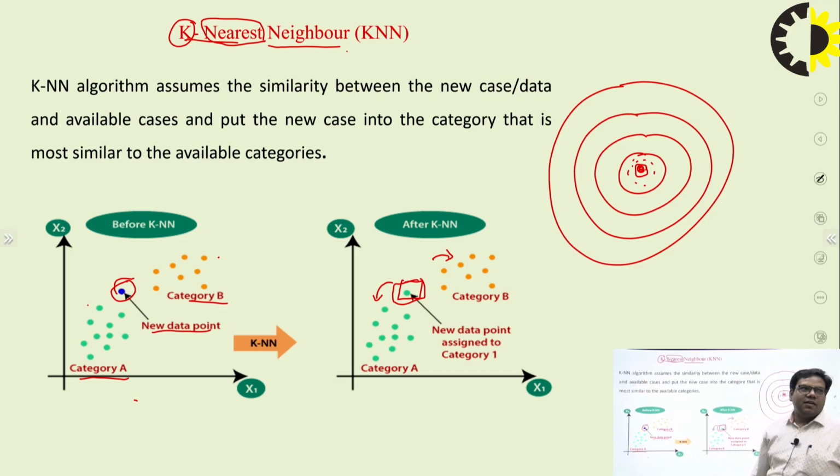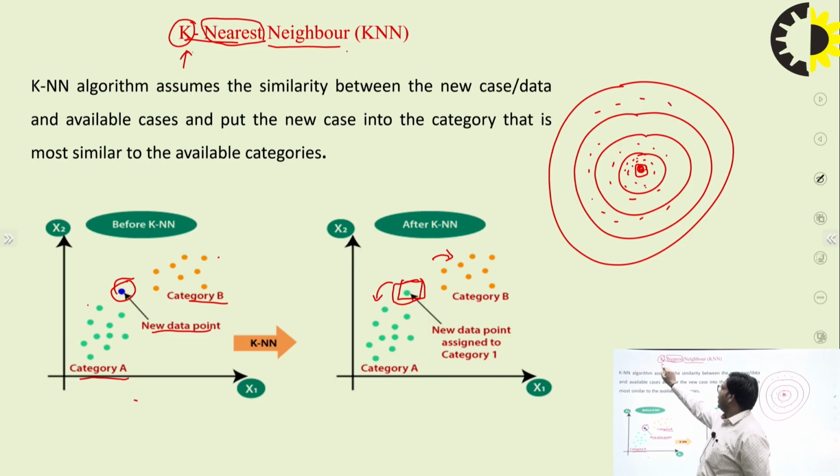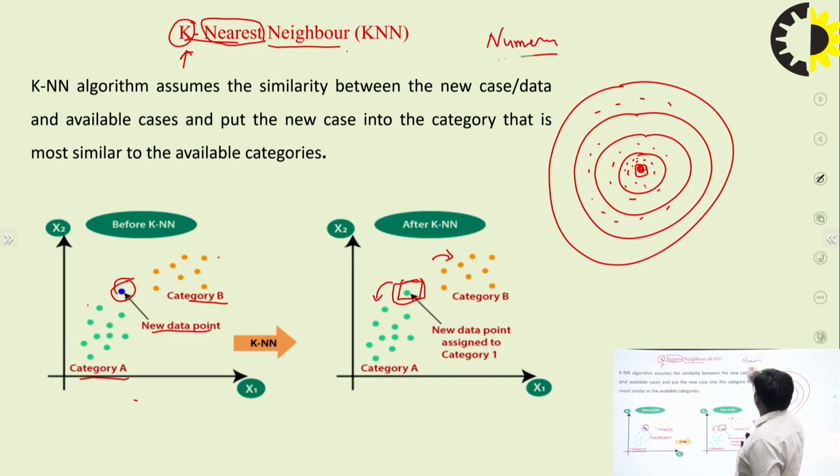The kth neighbors may lie within a few feet, a few meters, a few kilometers, or a few miles. Whatever the criterion, we are interested in k. K is nothing but a number, a real number; it could be any integer.